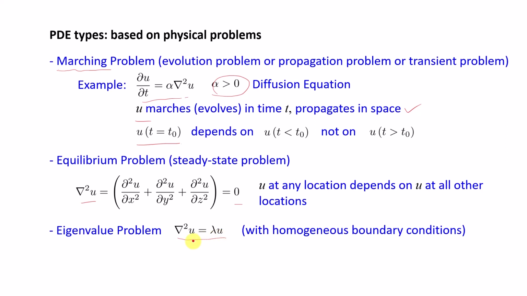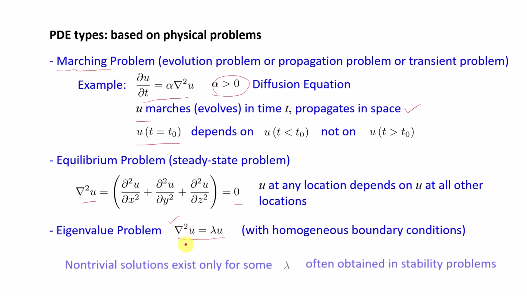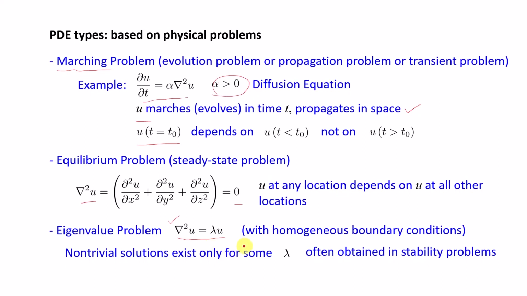So if, let us say, the simplest case is u to be 0 at the boundary, with u 0 at the boundary and del 2 u equals lambda u, we know that a trivial solution of u equals 0 will exist. But this particular problem deals with non-trivial solutions of u. For certain lambda, we will have non-trivial solutions of u. And just like in linear algebra, in the eigenvalue problem, we do the same thing. Here also, we try to figure out those non-trivial solutions.